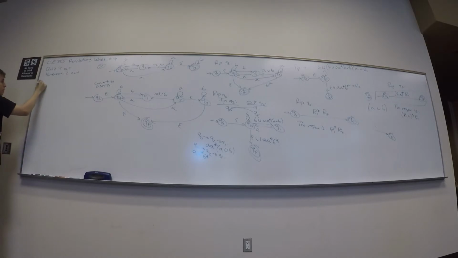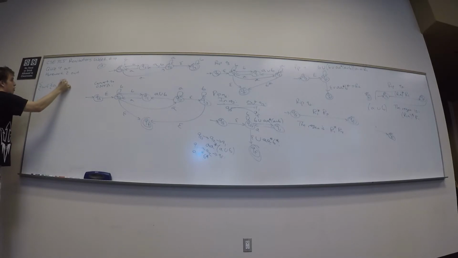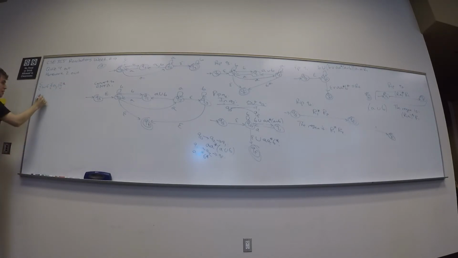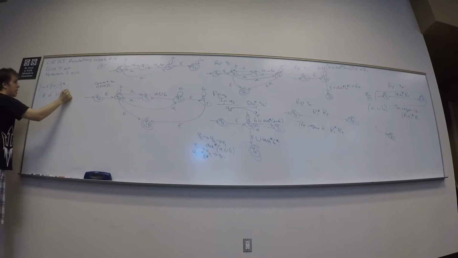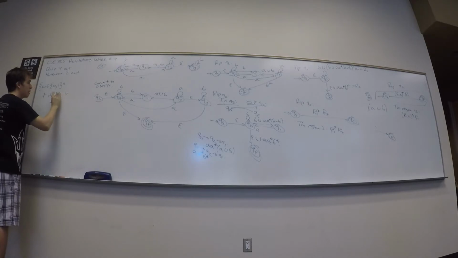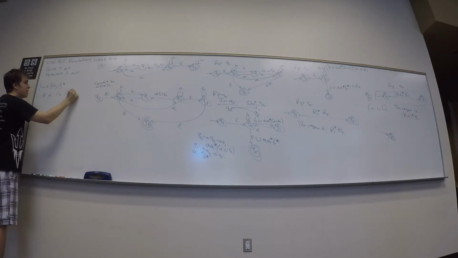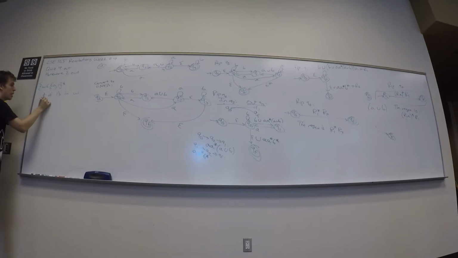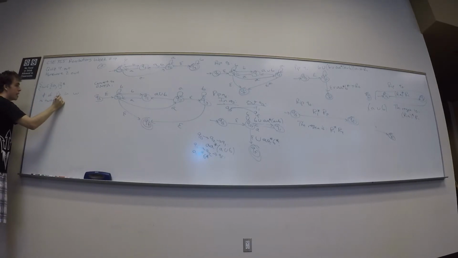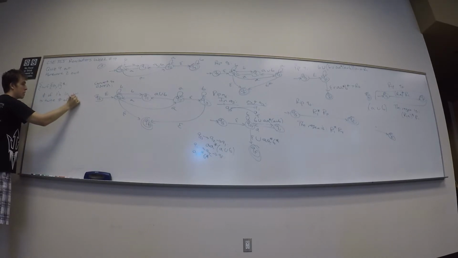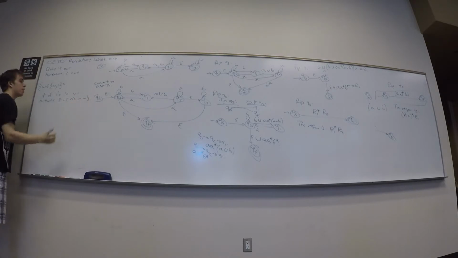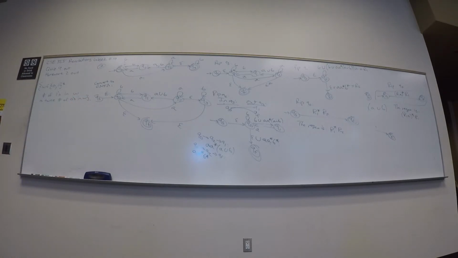I'm going to consider all W's in {0,1} star, as usual, such that the number of ones in W is twice the number of zeros in W. And I claim that that's not regular.